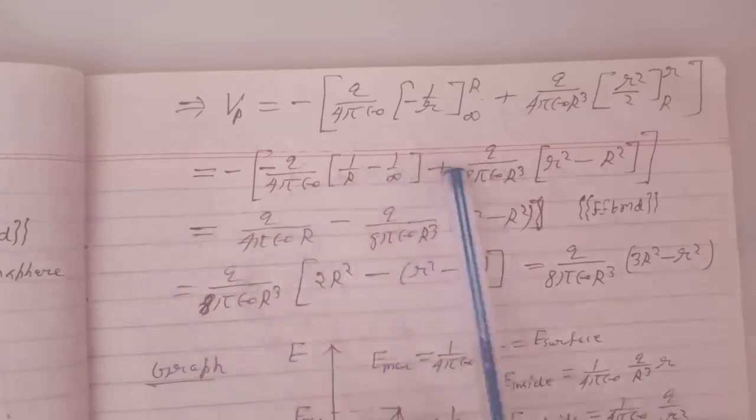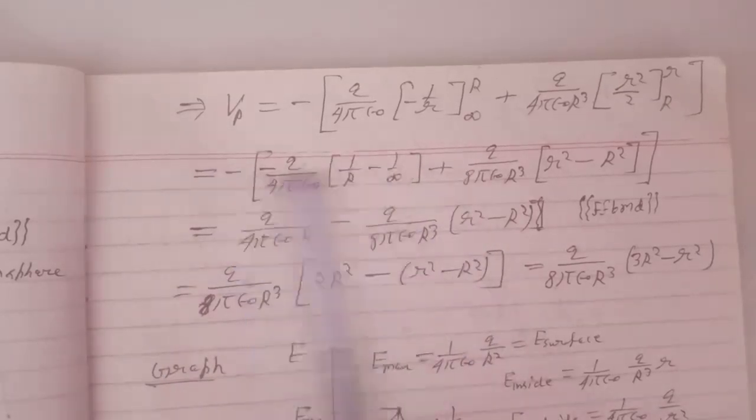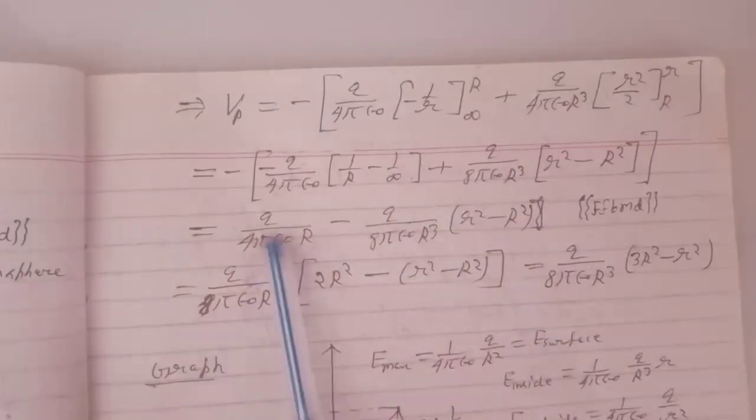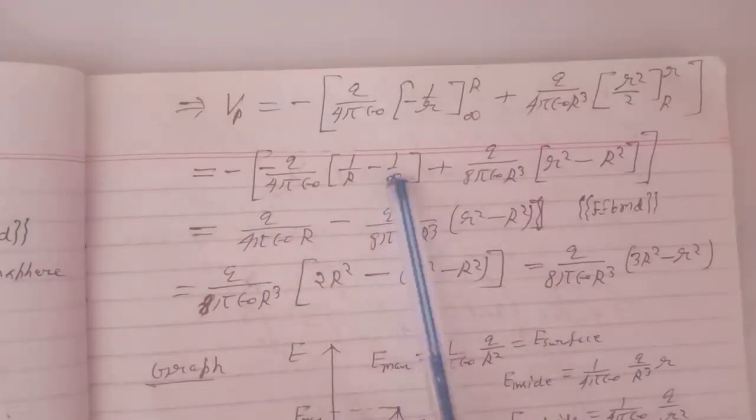So when we take the minus sign inside, this will be positive and this will be negative. So q by 4 pi epsilon naught R, and this will be 0 again.